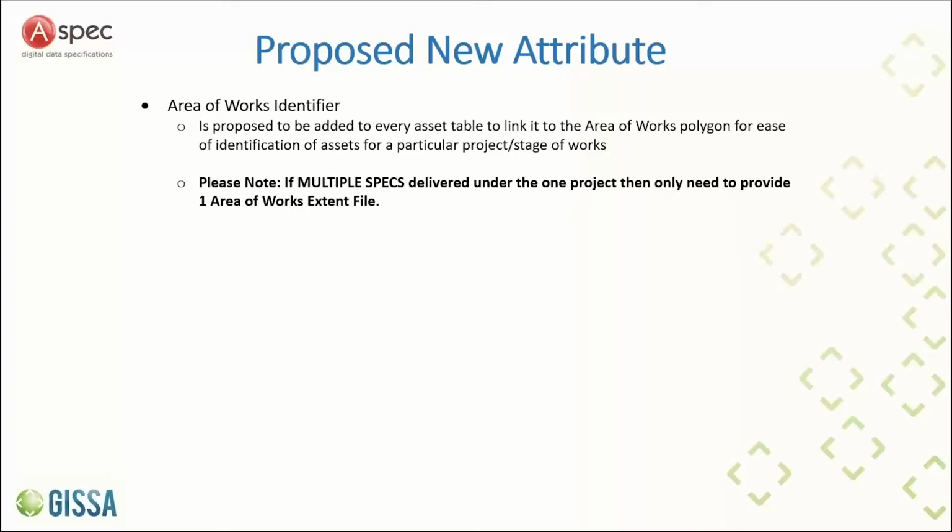You can now create the one area of works identifier, the one polygon, and submit that as part of your data submission. That will actually minimize the amount of time and effort it's going to take to validate those data sets.